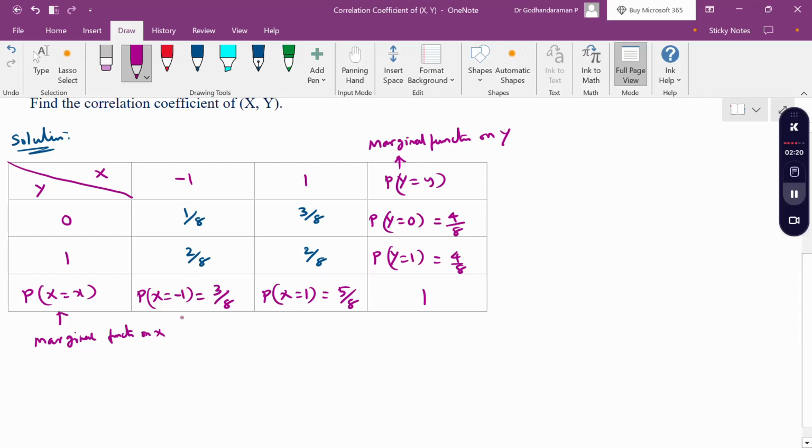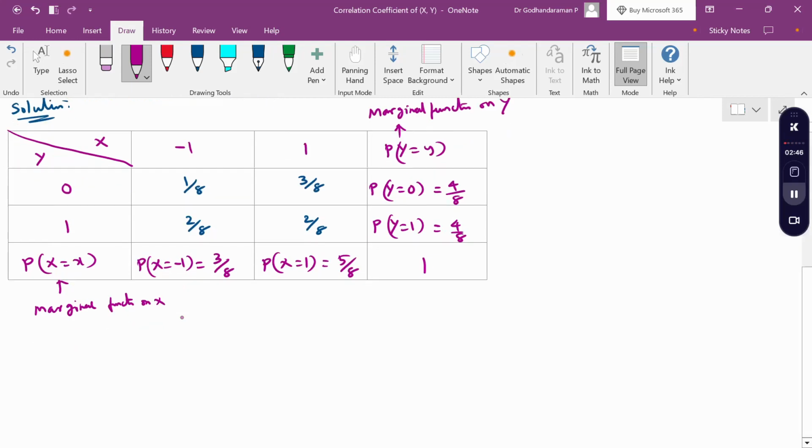What is the main purpose of this function? It converts a two-dimensional random variable into one dimension. This is the main purpose of the marginal function: converting two-dimensional XY into one-dimensional using P of Y and P of X. What is the use of this?